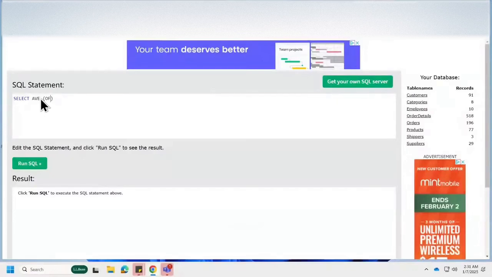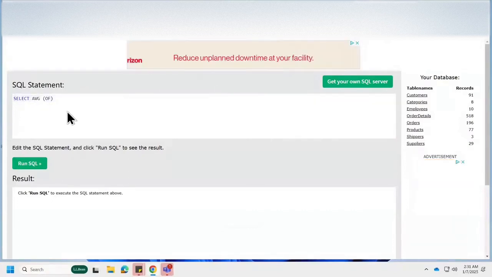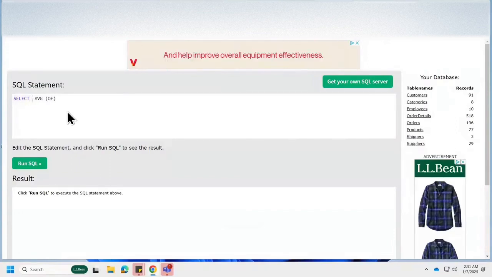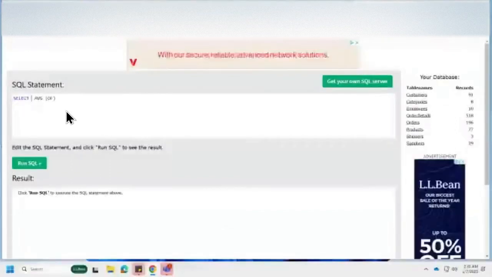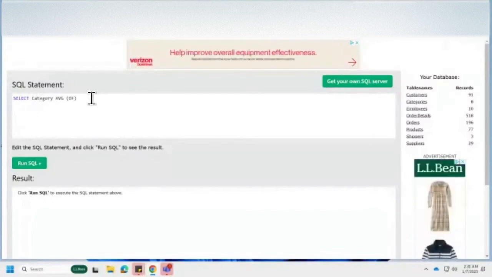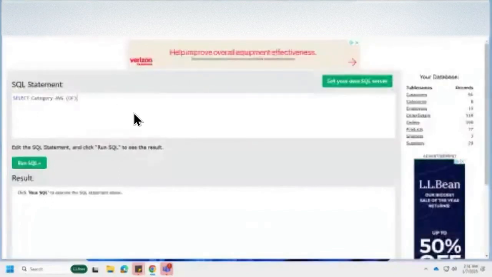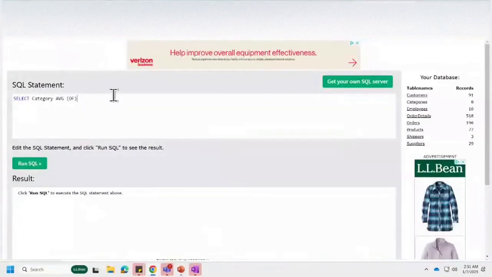Or if you write select category, select category. Then category, yes, category. After category, put comma.